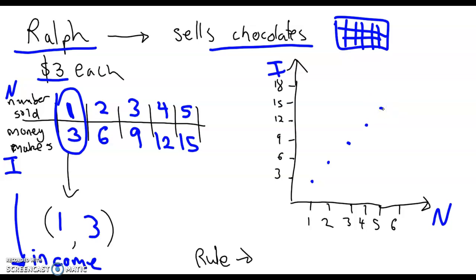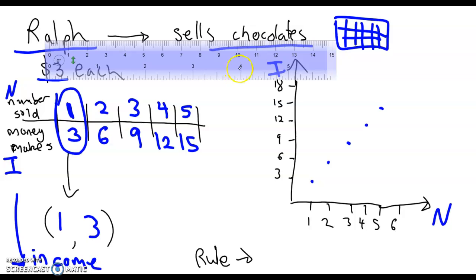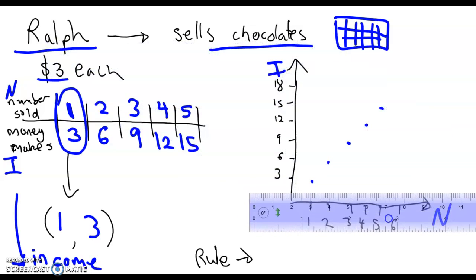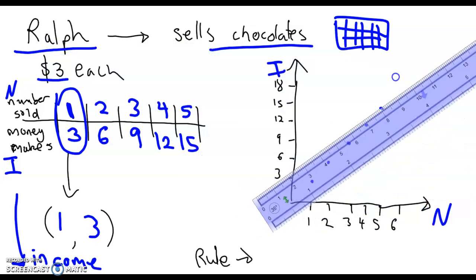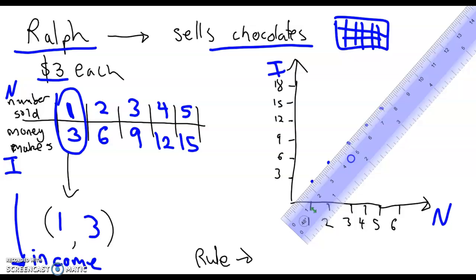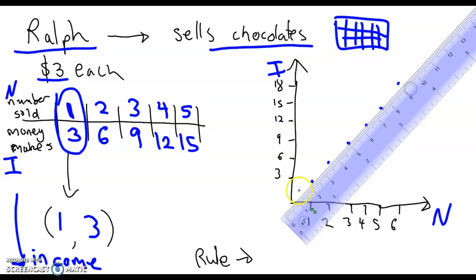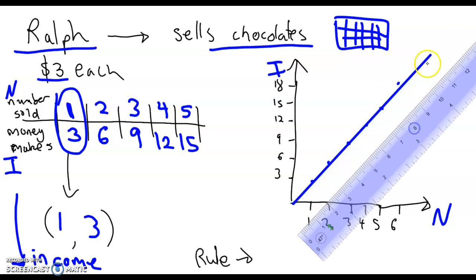And in fact, this forms a general sort of rule of Ralph's income and how much he earns, which we can put a line through, because that is going to keep going. The more he sells, the more money he's going to make.